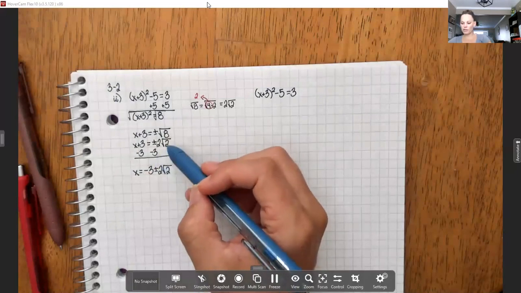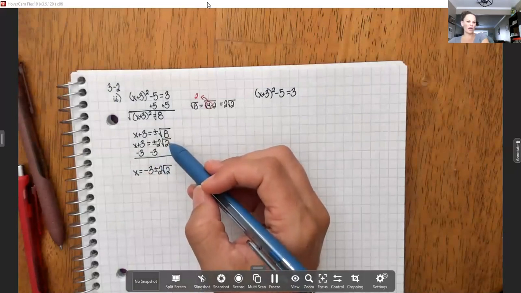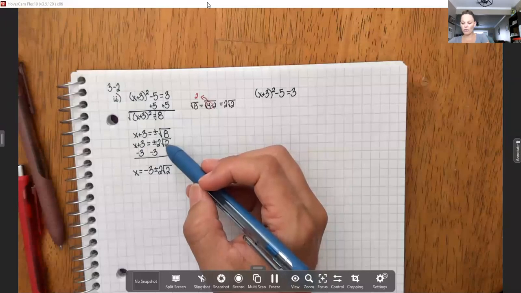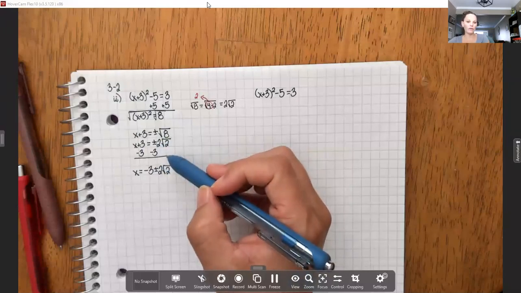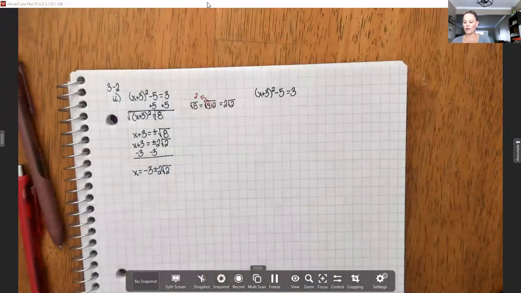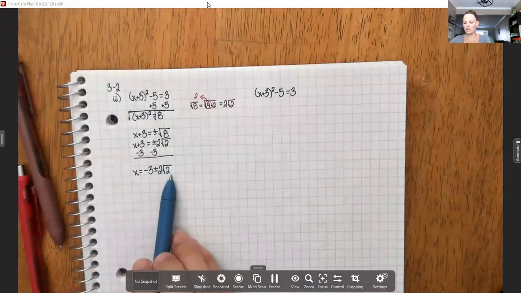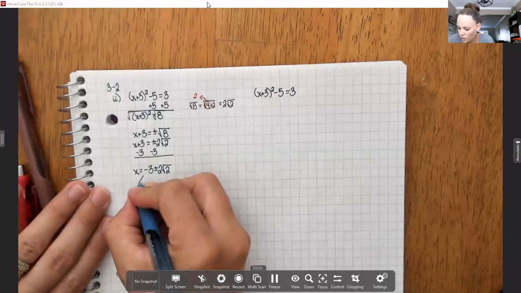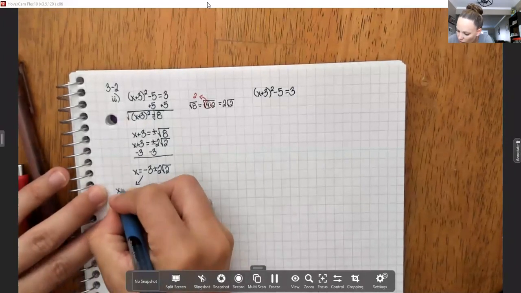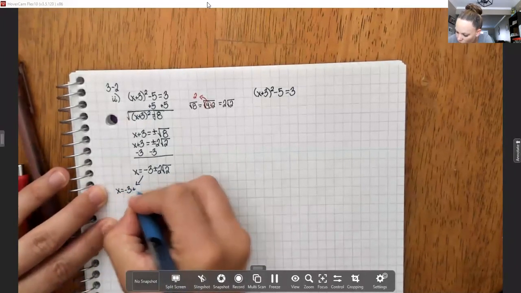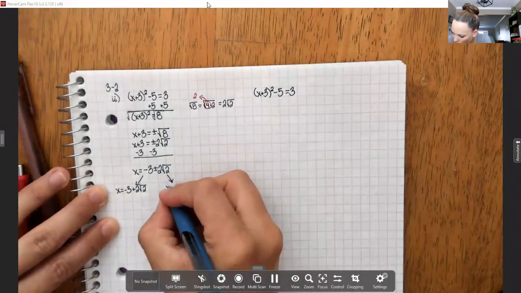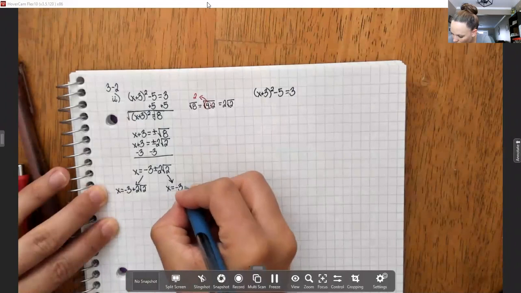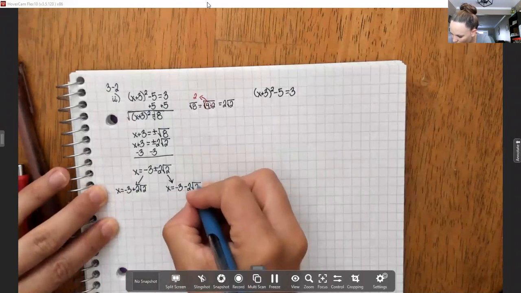They're both numbers, but when this has a root 2 on it, you can kind of think of it like a variable, like it was x. If this was 2x minus 3, we wouldn't combine those. So same thing here. We don't combine those. It's like it's its own world. So we get x equals negative 3 plus 2 root 2, and x equals negative 3 minus 2 root 2.